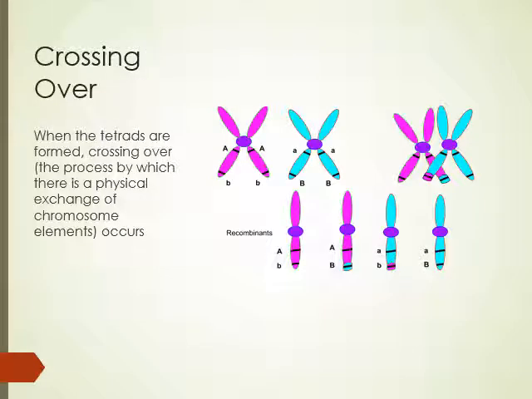Those tetrads allow us to undergo a process called crossing over. Crossing over is where there's a physical exchange of chromosomal elements. Here you've got the tetrad formed. These legs are so close together and so chemically similar, when they cross, they can actually switch spots.